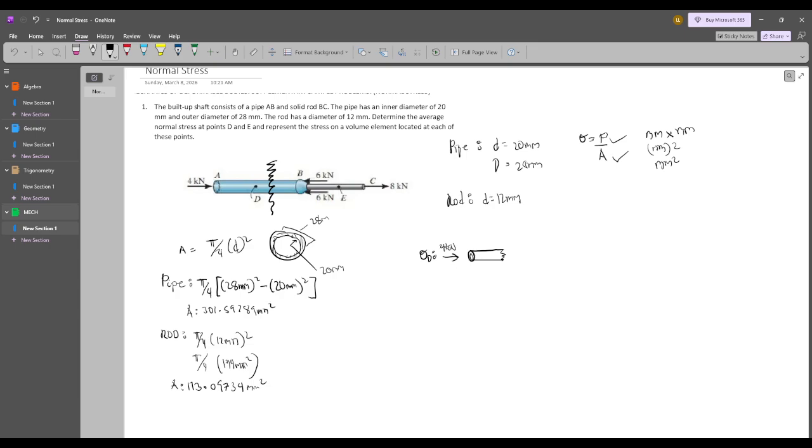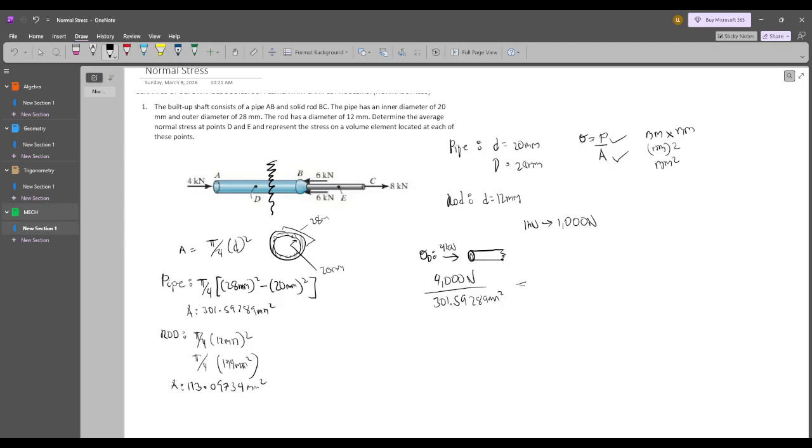So we have 4 kilonewtons, and since we are dealing with millimeters, I want to simplify it and convert kilonewtons into newtons. That way, we'll end up with megapascals. You'll see. So we have 4,000 newtons because 1 kilonewton equates to 1,000 newtons. So we have 4,000 newtons over 301.59289 millimeters squared.